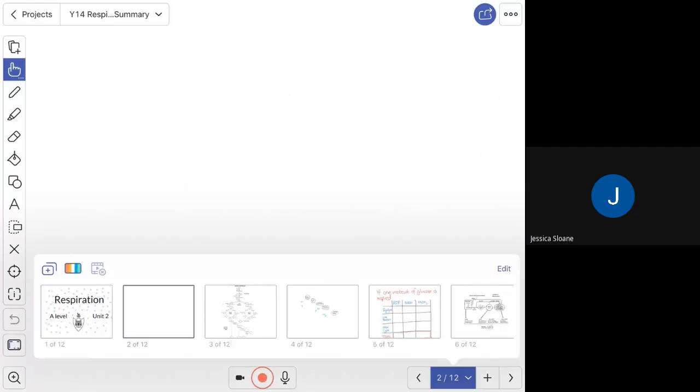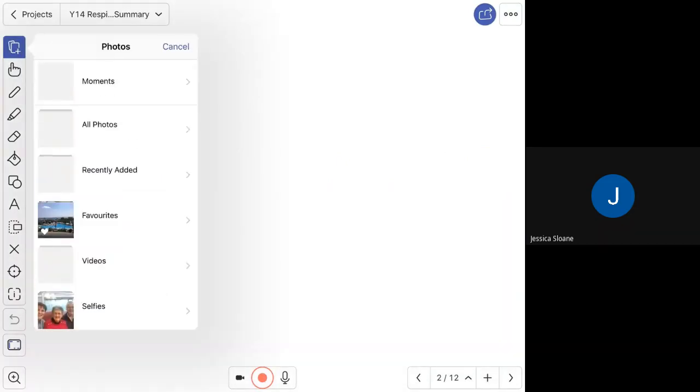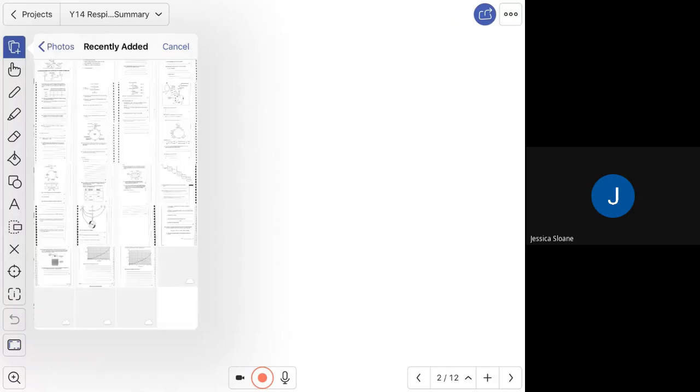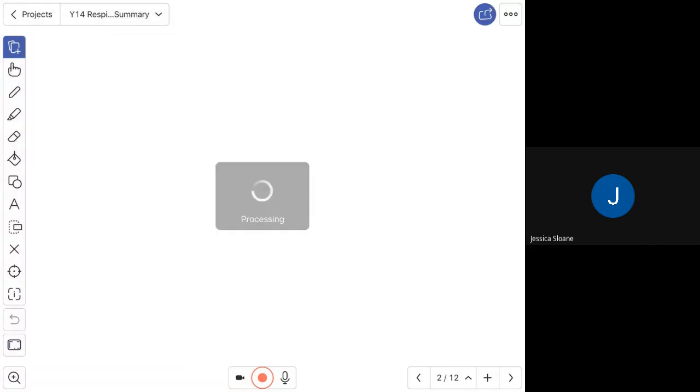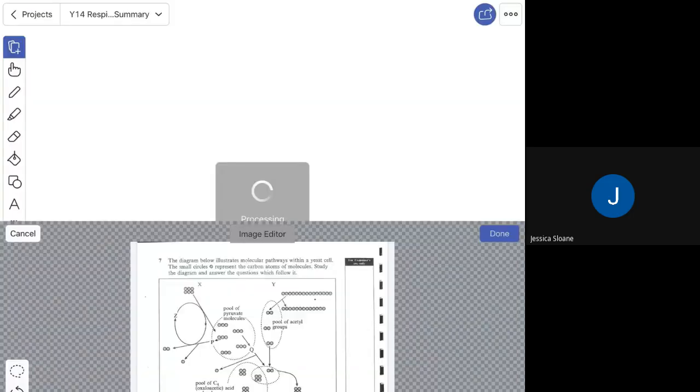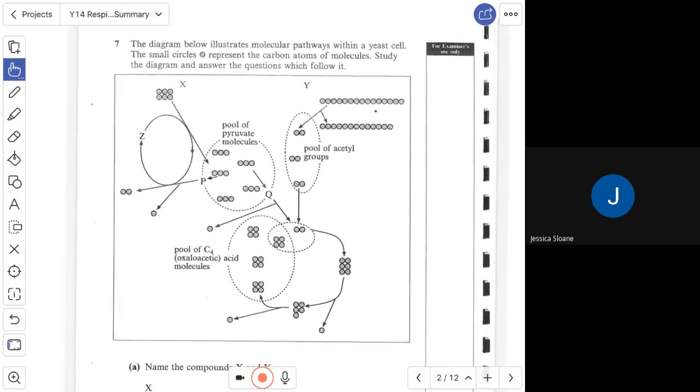Right. I think one of the questions that people find most difficult was that one there. Okay. So it says the diagram below illustrates molecular pathways within a yeast cell.